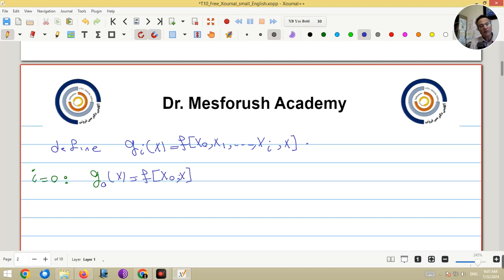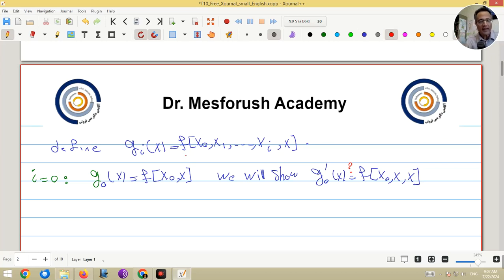Okay, I want to prove that g prime 0 of x is equal to f of x0, x and x. In fact, I have to show this equality. Now, to this end, I have to compute two things.